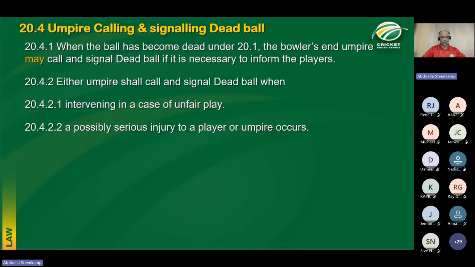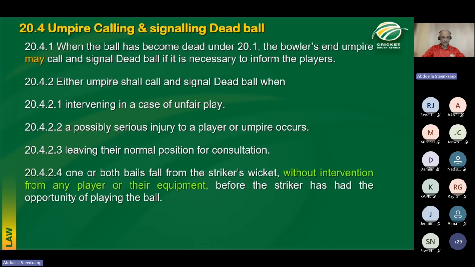If there's a possible serious injury to any player or umpire, you immediately call and signal dead ball. Emphasis on it's your judgment call, but if you think it's a possible serious injury, you call and signal dead ball immediately. If you decide to consult your colleague for whatever reason, before going to consult, call and signal dead ball.